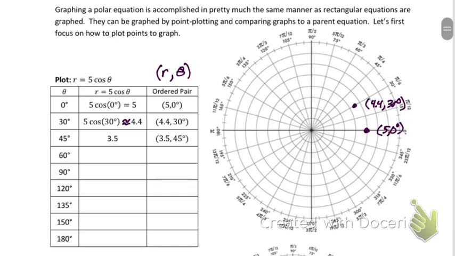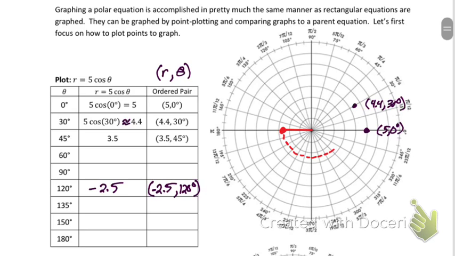If you did r equals 5 cosine theta, you'd come up with negative 2.5. So the point we're going to be plotting is negative 2.5, 120 degrees. Now watch the visuals. We don't always draw this line; it's just to help you see what I'm thinking. So I'm going to go negative 2.5, which is about here. Then we have to go in this direction 120 degrees.